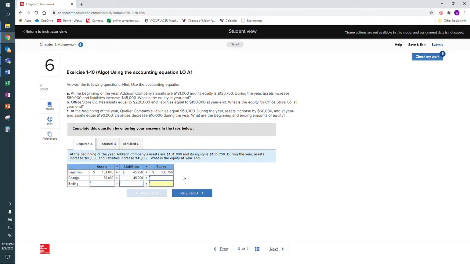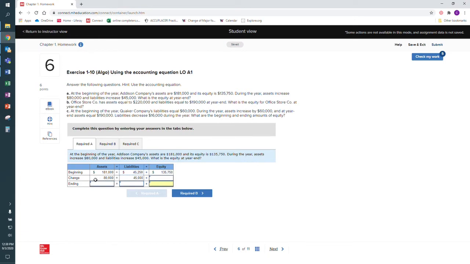Again, we can validate that by taking the $135,750 in equity and adding the $45,250 in liabilities and getting $181,000, which is the assets number. So we know we did that line correctly.